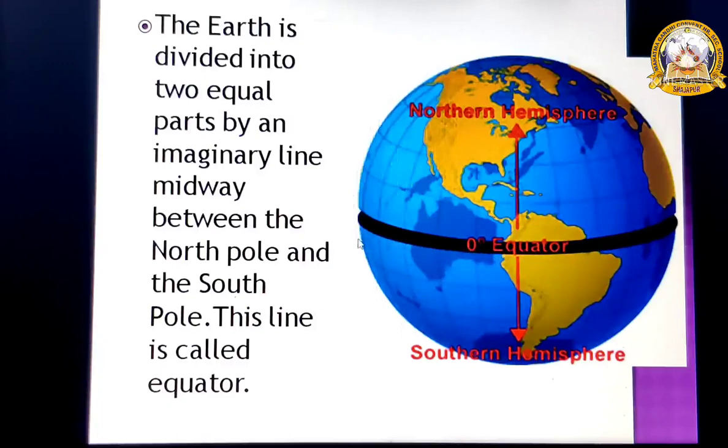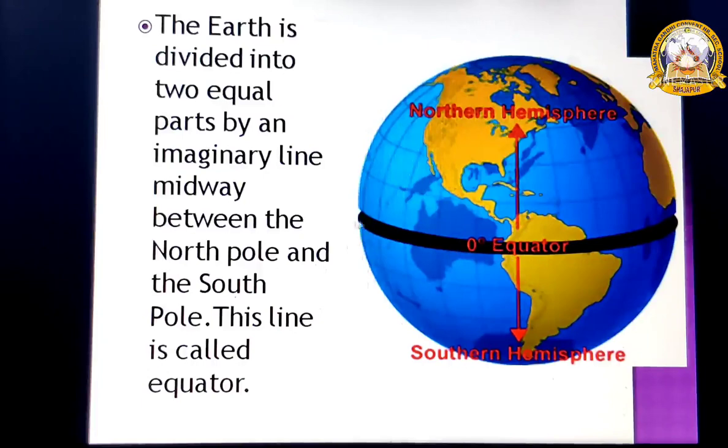This imaginary line divides our earth into two equal halves. This line is known as the equator, and the equator is the longest parallel.